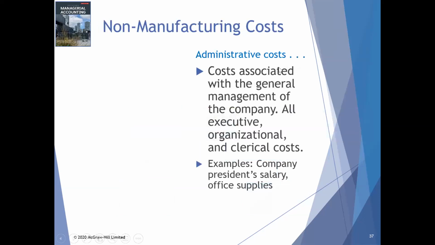Next, we have non-manufacturing cost. One is the manufacturing cost that we have cleared. Another one is non-manufacturing, which means the cost is not related to the manufacturing of the unit.